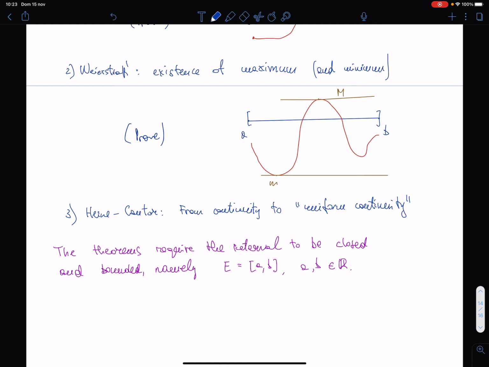Okay? This is the only necessity that we have to introduce this theorem and to introduce the idea of uniform continuity. Okay, uniform continuity is very important from a theoretical point of view, but for our course, its relevance is not so widespread. So what I will do is to introduce this theorem.